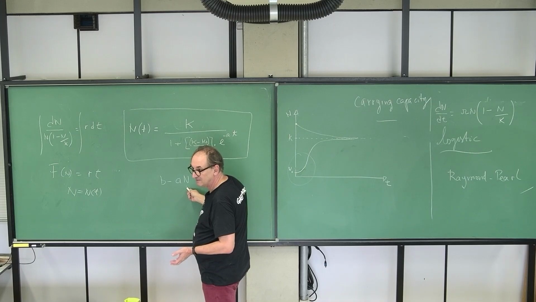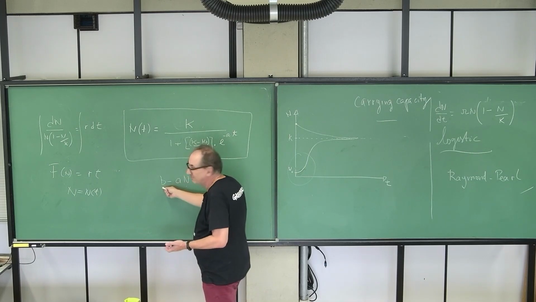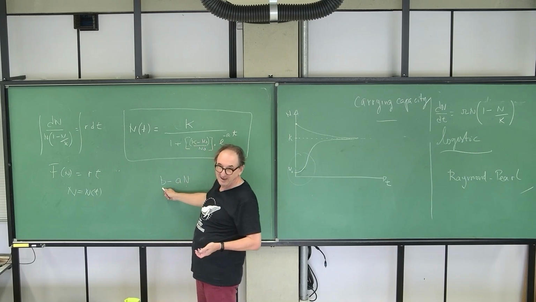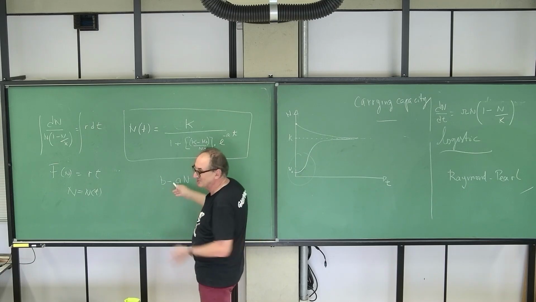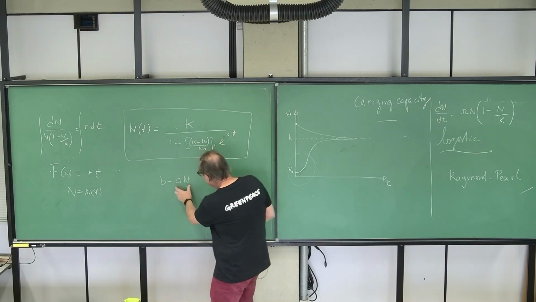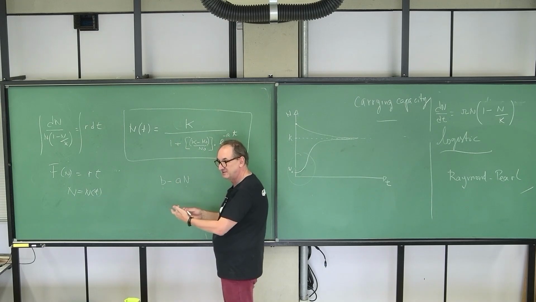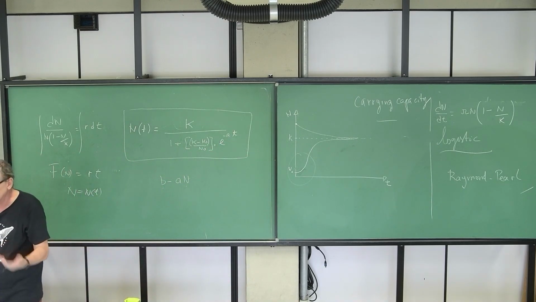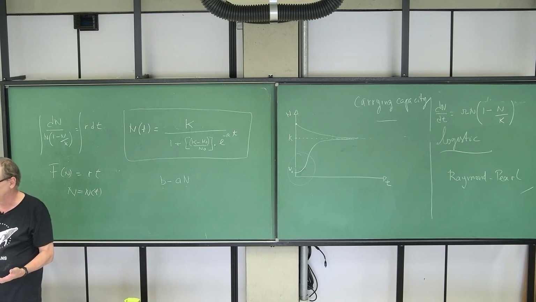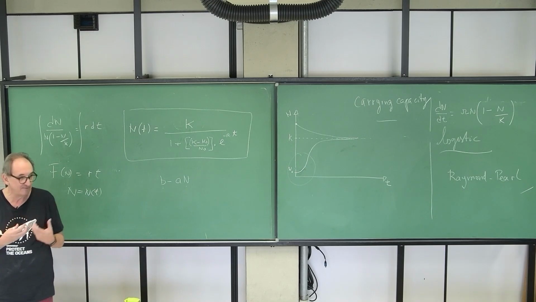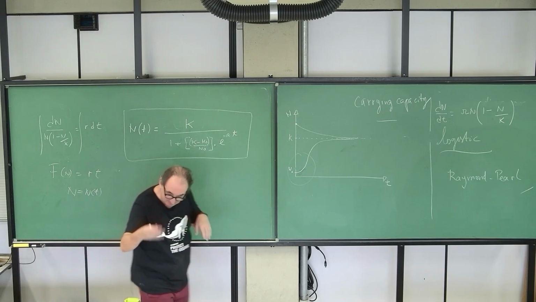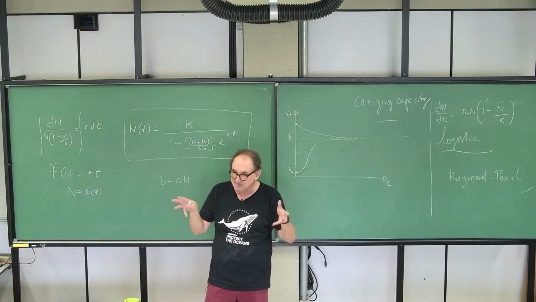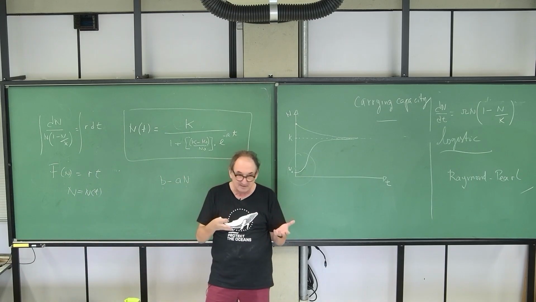I mean, if this is 10 to minus 5 times this guy, you just neglect it. Okay? So this is important if the population is large. If the population increases, then there is competition for the resources. We will discuss this when we talk about competition between species, but it's also true for intraspecific competition.